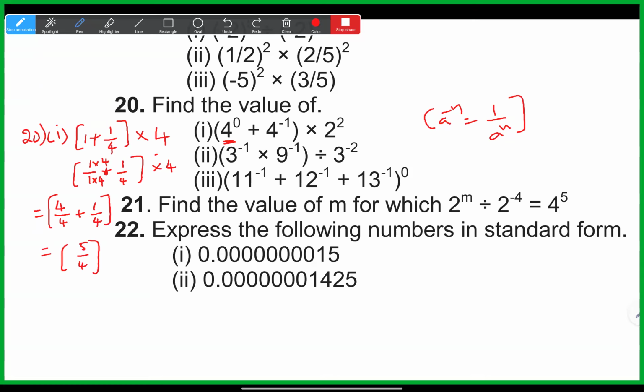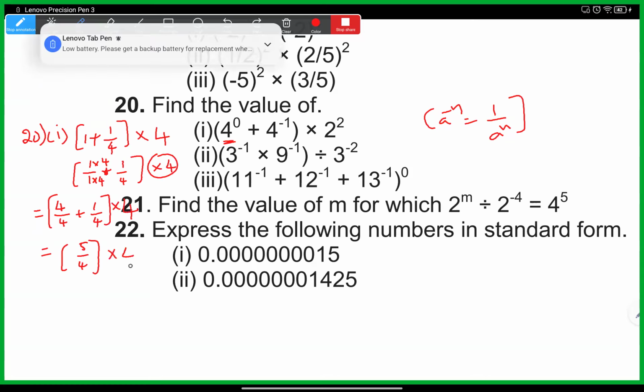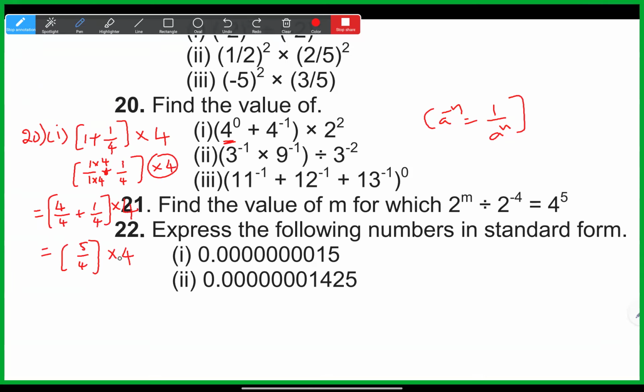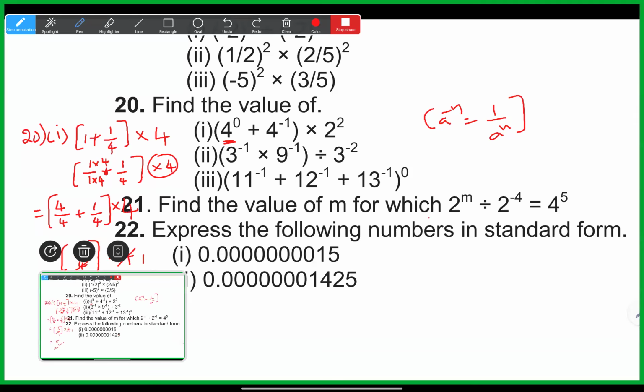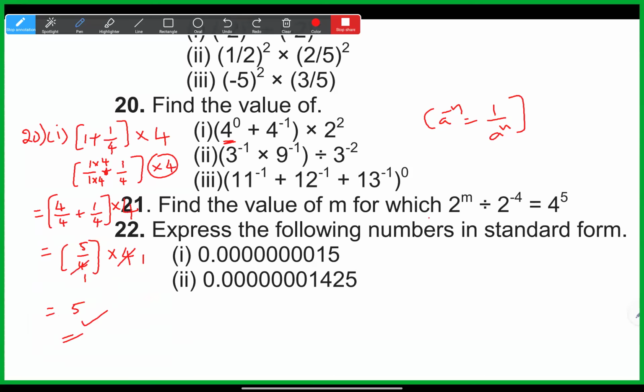Here the into 4 is already there beside, so that 4 and this 4 will get cancelled. So the answer is 5. Any doubt? No, sir. Okay.